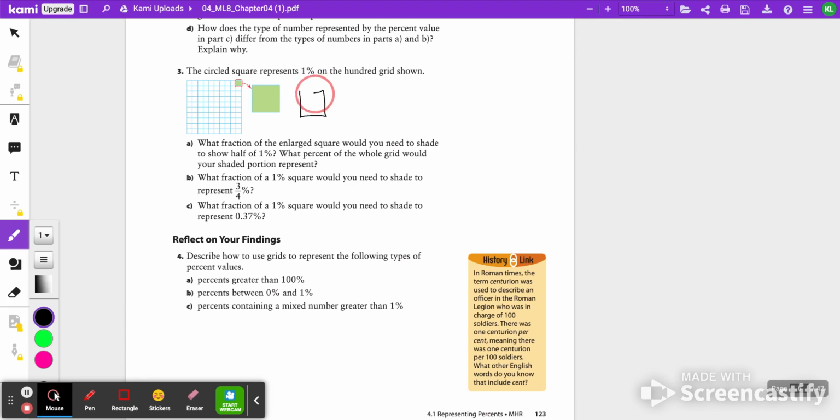So I'm going to draw in the square, or show a magnified square. It's 3/4. So 3 parts of 4, the whole. I'm going to draw 4 squares and shade in 3. That would be 3/4% in one of these squares.